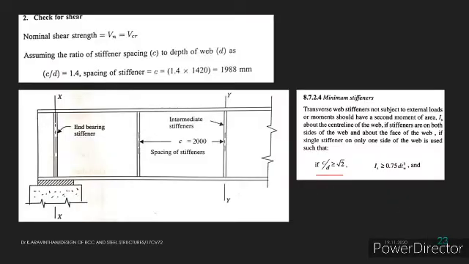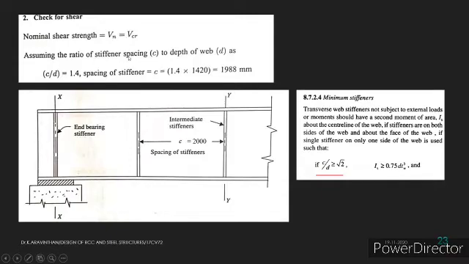Okay, now let us start the check for shear and check for bending moment. What we have done is the I section is being designed. For the designed I section, let us check for the shear, that is nominal shear. Vn is nominal shear, which is also known as critical shear.